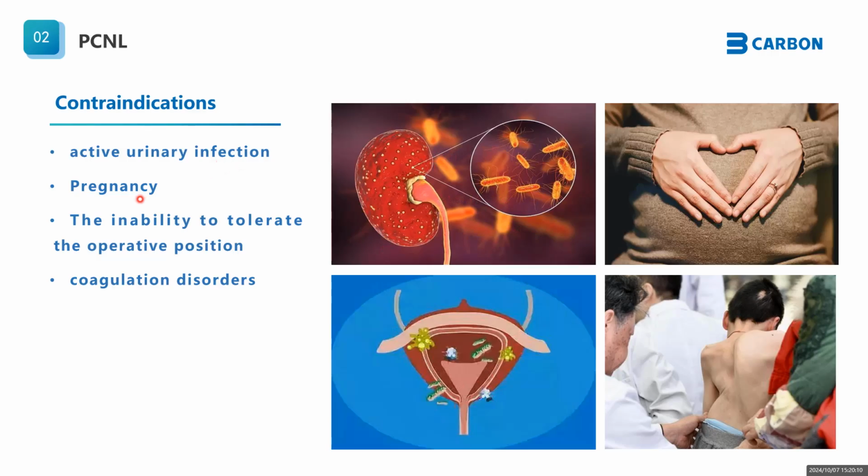Pregnancy also, and then inability to tolerate the operative position. This PCNL is not very appropriate for these patients, and coagulation disorders. If there are some bleeding issues, we have to solve this problem before the surgery.